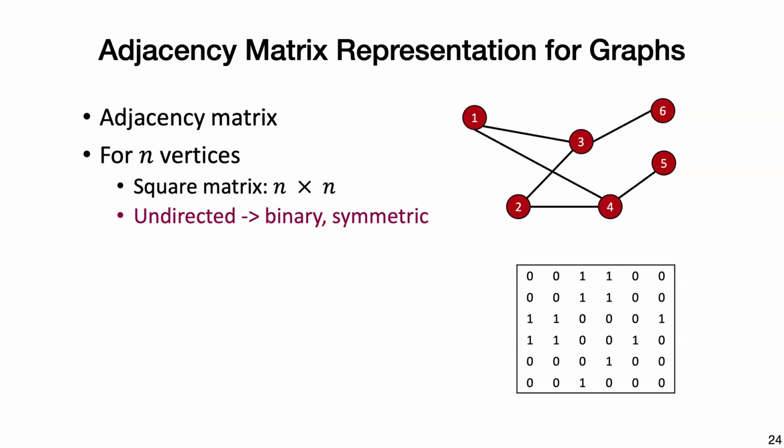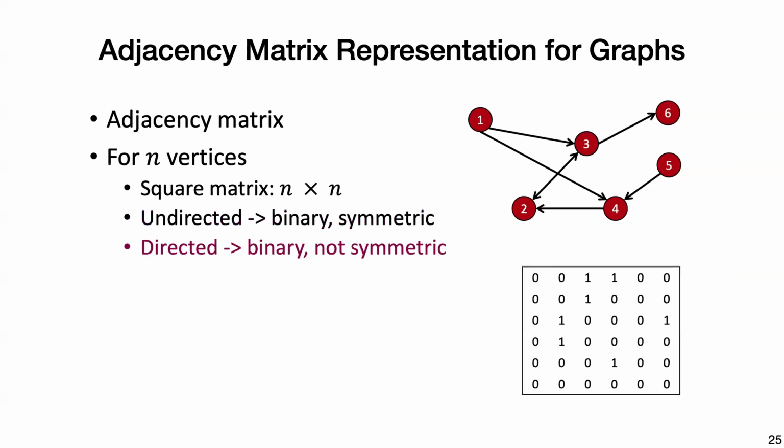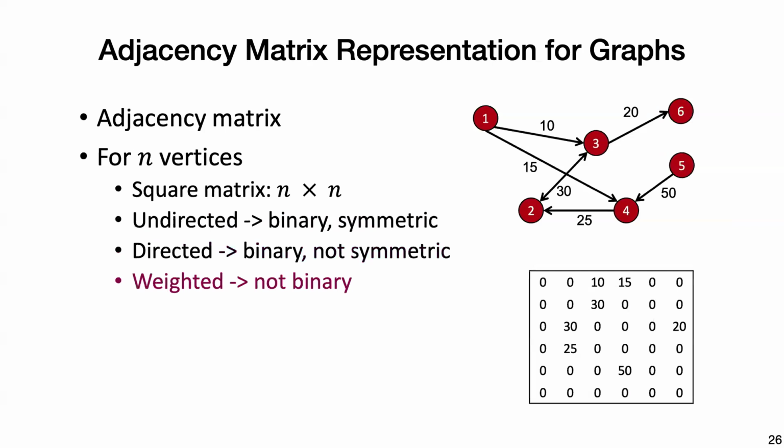So this is just an example. We have this graph, and we represent it like this. You can extend this: if it's directed but still unweighted, then it's no longer necessarily symmetric across the diagonal, but it's still a matrix. And you can also make it weighted, so the entries are not binary but can now hold weights.